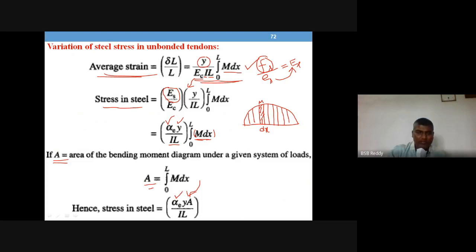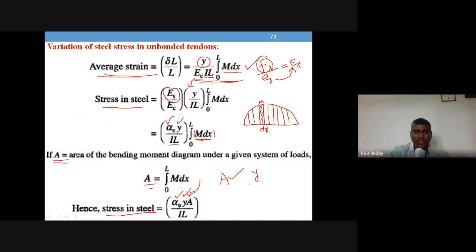So alpha y A by IL is the stress in steel for unbonded tendon. What is capital A? Area of BMD. What is y? It is the distance of the location of steel from the CG of concrete.